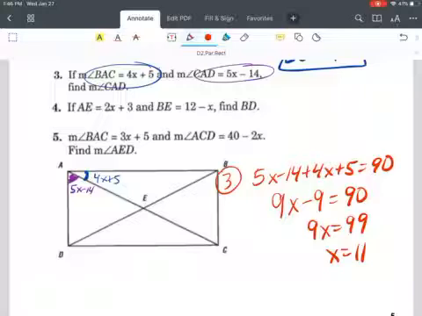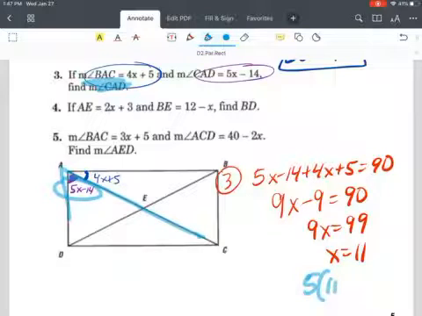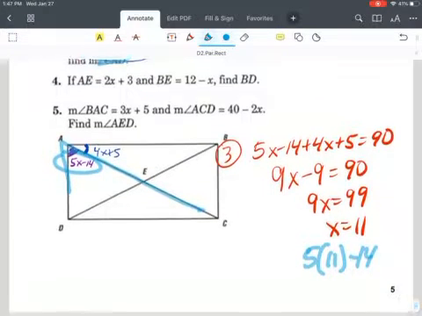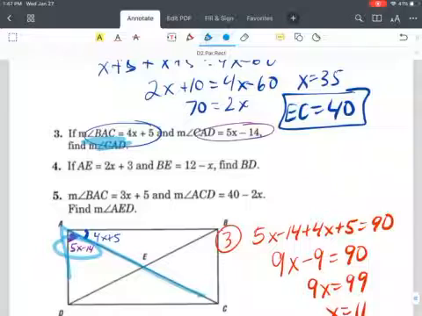So I get x is 11, and then I need to find the measure of CAD, which is 5x minus 14. So 5 times 11 minus 14. And I get that it equals 41 degrees.